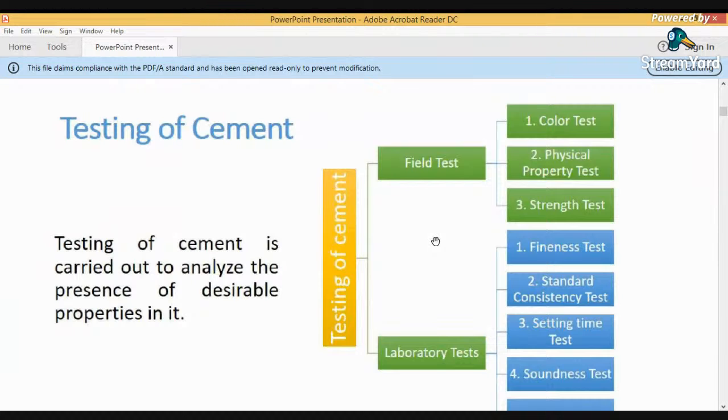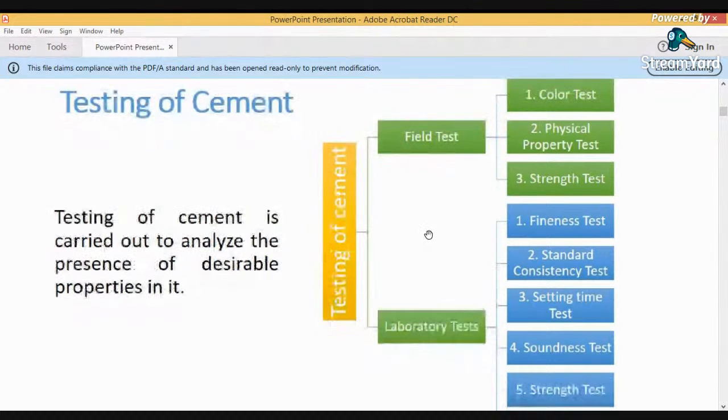Physical property means physically you can sense it: we can see the color, and by touch, by finger, we can feel the cement, whether it is rough or whether it is fine. Then in the field we can measure the strength of the cement by making a block of the cement, which we'll discuss in the next slide.